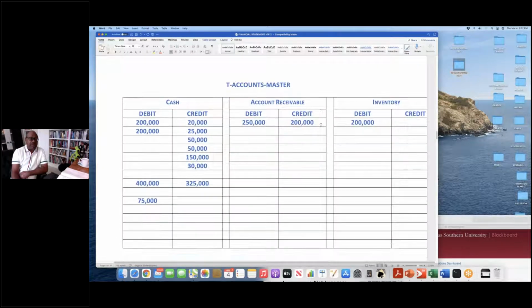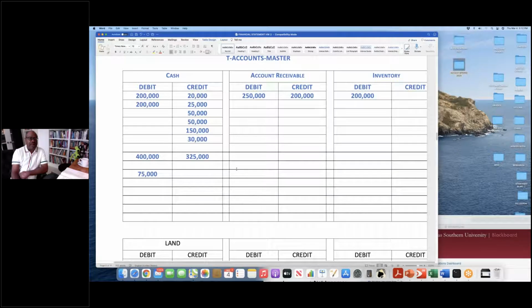Then we go to accounts receivable. What's going to be the balance in accounts receivable? It's going to be 250,000 for the debits, and then I got 400,000. Again, my journal entry was wrong, but it'll be 250 for the debit and 200 for the credit. So the balance in this account has to be what? 50,000.